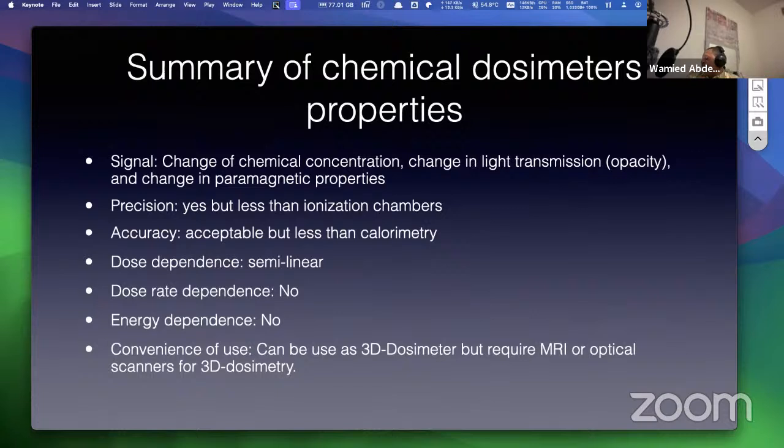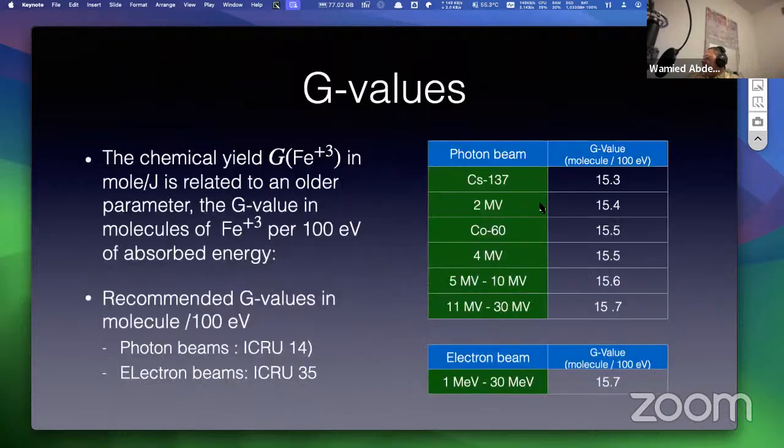Precision, yes, although it's less than ionization chambers, better than calorimetry. Accuracy, they're acceptable, but less than calorimetry. The reason is this G value.